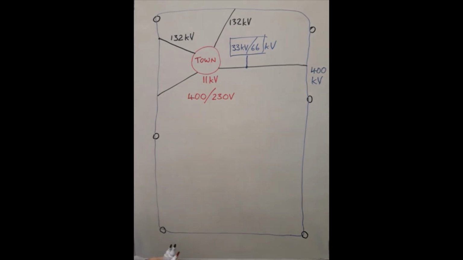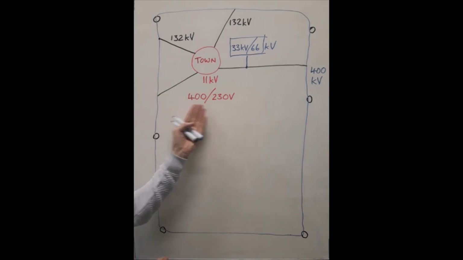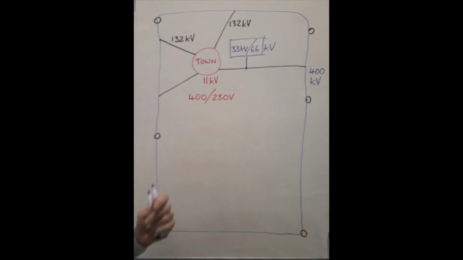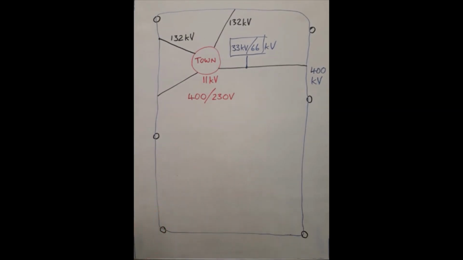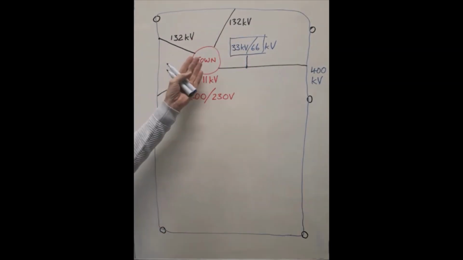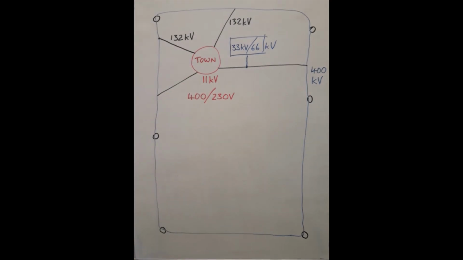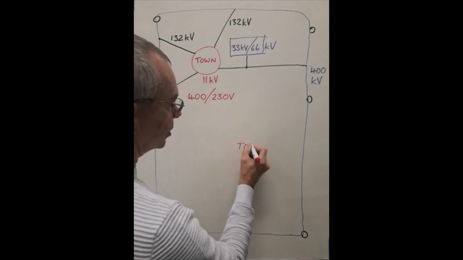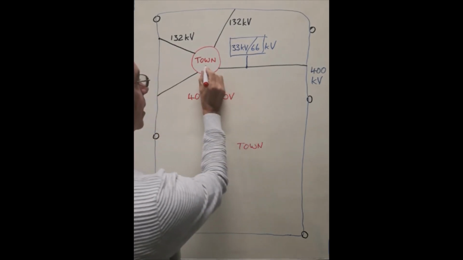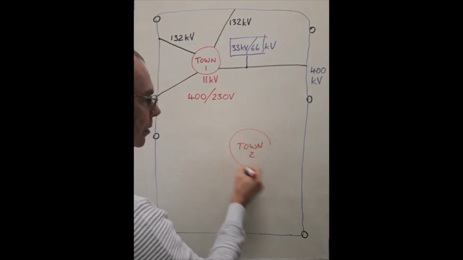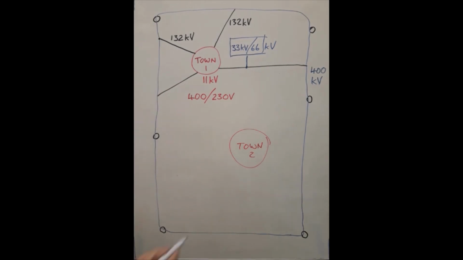In all of the handouts which follow, I'll take you through how we get to this point, and we'll analyse that a lot further. So this is just one town taken off our grid, and there would be other towns. So there's town 1, this is town 2, and we'll have a very similar scenario.